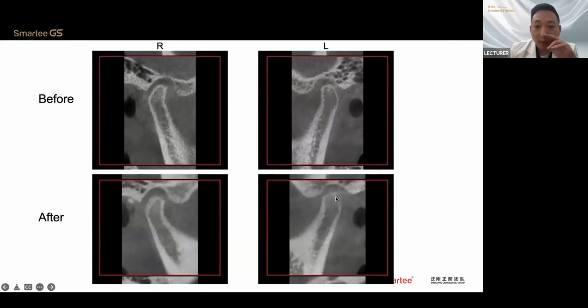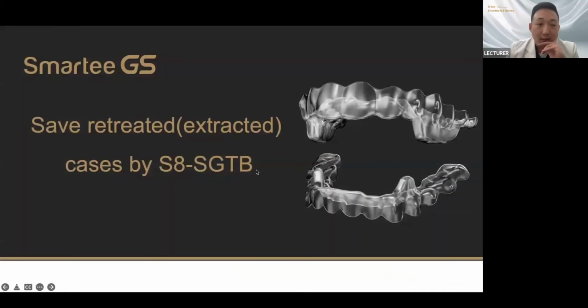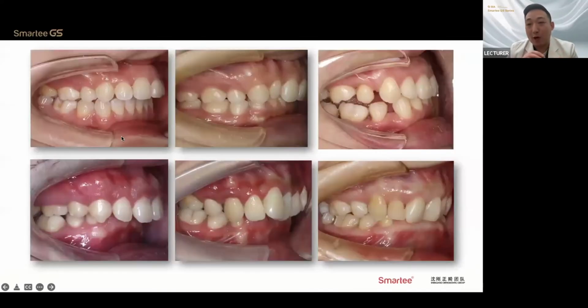Okay. The last part I want to talk about is that sometimes there are some cases which we call the second-hand patient, or the treated patient, or the extracted patient. At the first treatment, this kind of patient often has four premolars extracted, but the three problems, the deep bite, deep overjet, and deep curve of Spee problem, are just left for us.